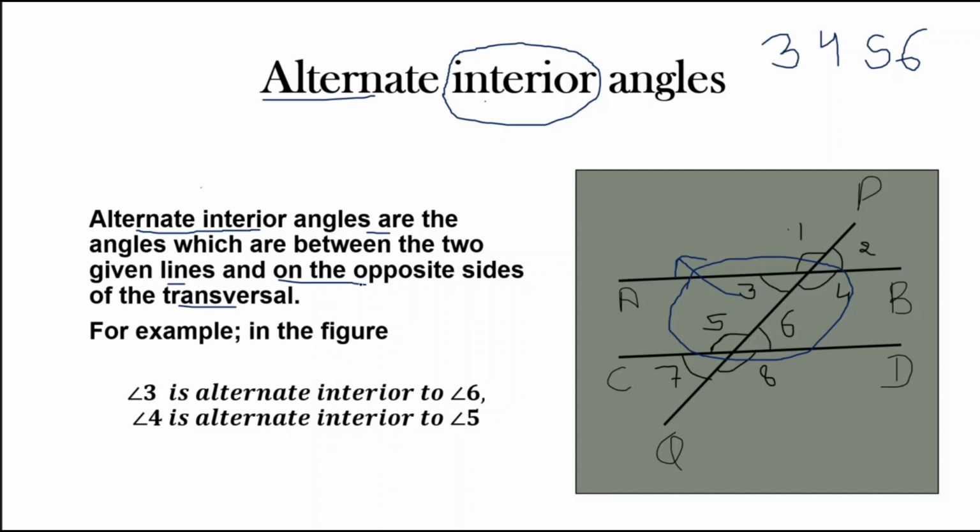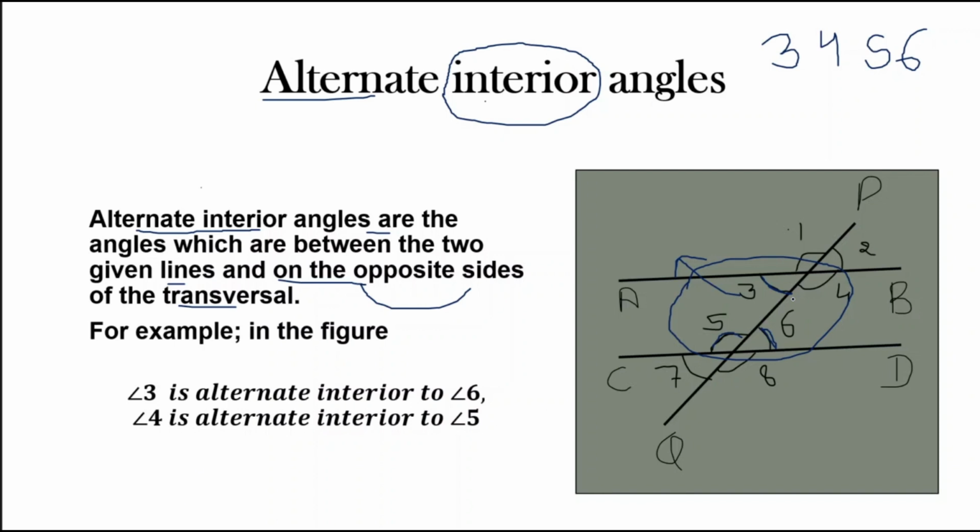But the second condition says it has to be on the opposite side. Right? So look here, angle 3. Which angle seems opposite to you? 4 is not opposite to 3. 5 is not opposite to 3. So there is angle 6 which is opposite to 3. Right? So that's why angle 3 is alternate interior to angle 6.